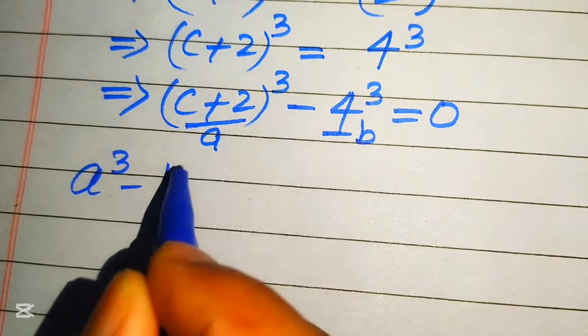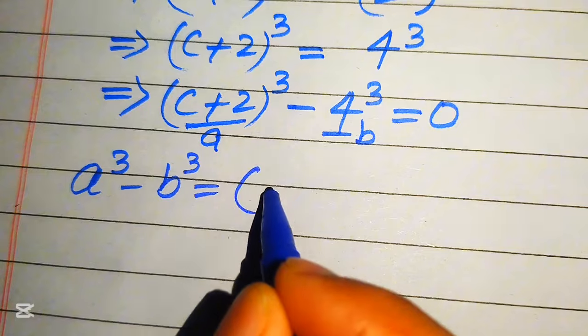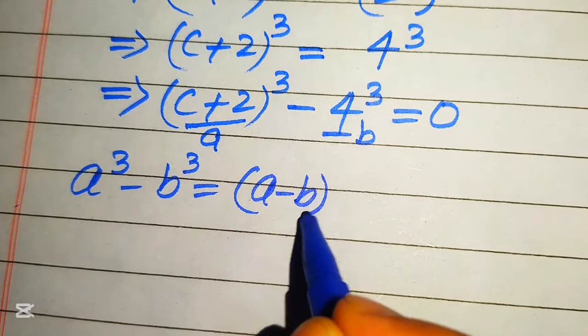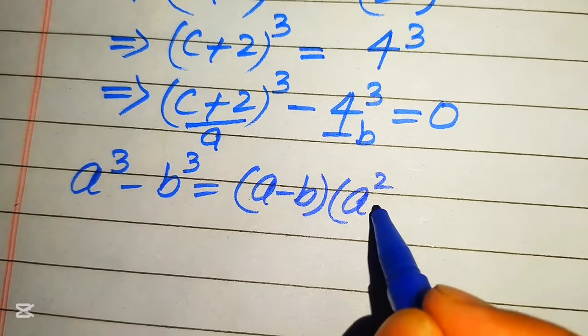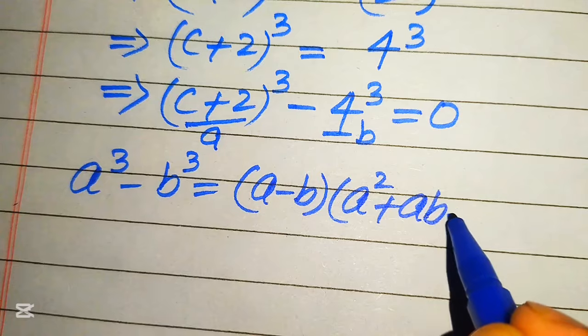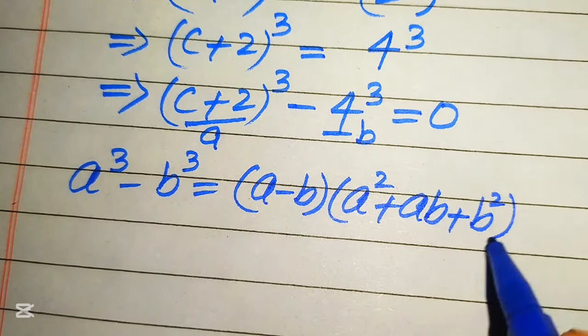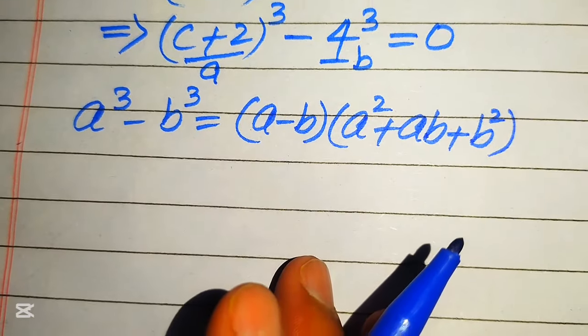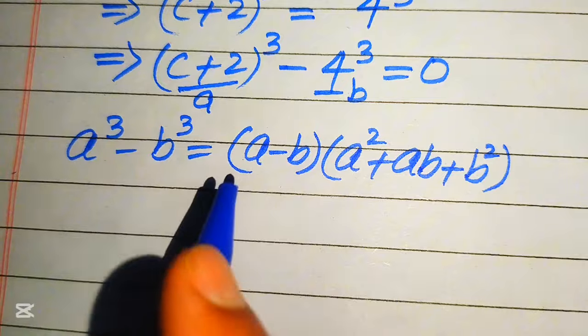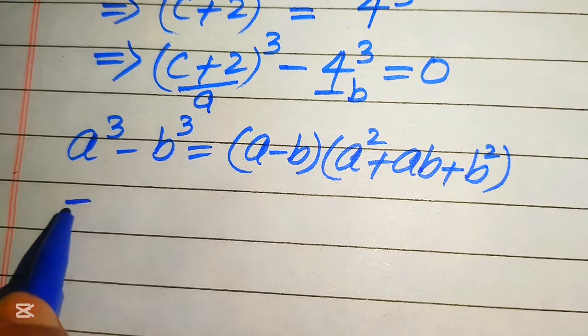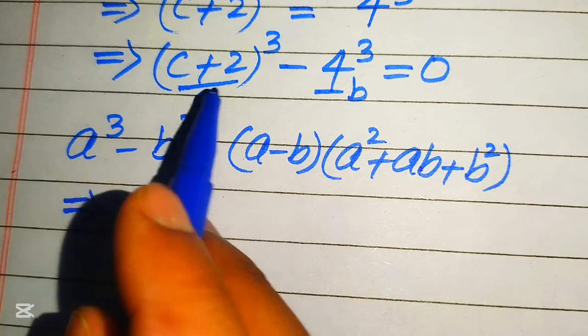If we have a cubed minus b cubed, it equals (a minus b) times (a squared plus ab plus b squared). So according to this cubic formula, in the above equation we have the value of a as c plus 2 and b as 4.